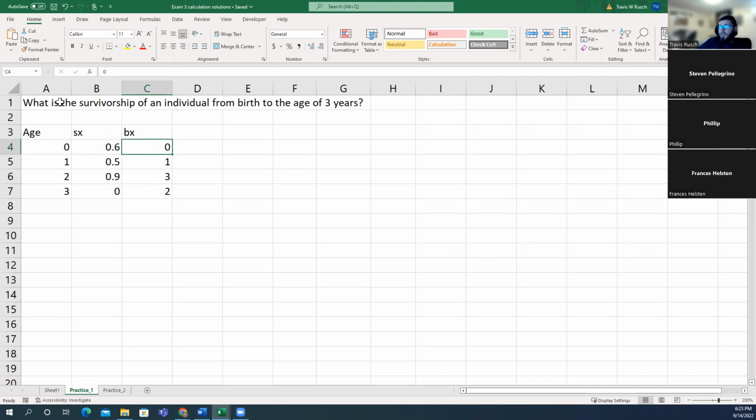And then in the question, it's asking, what is the survivorship of an individual from birth to the age of 3 years? And what do we typically think of when we say survivorship from birth to a certain age? Yeah, L sub X, right? But you're not given L sub X in this scenario. How do you solve for it given these 3 columns?